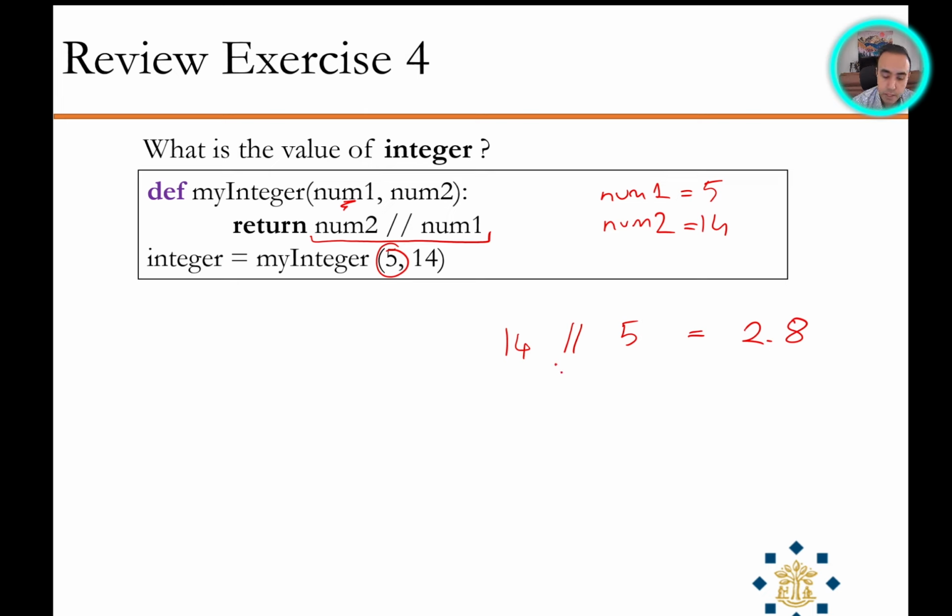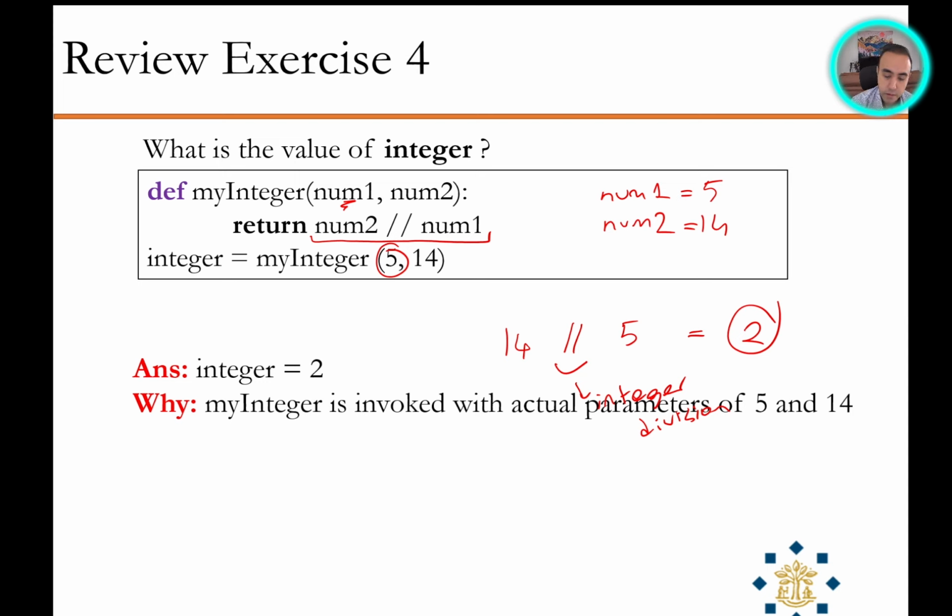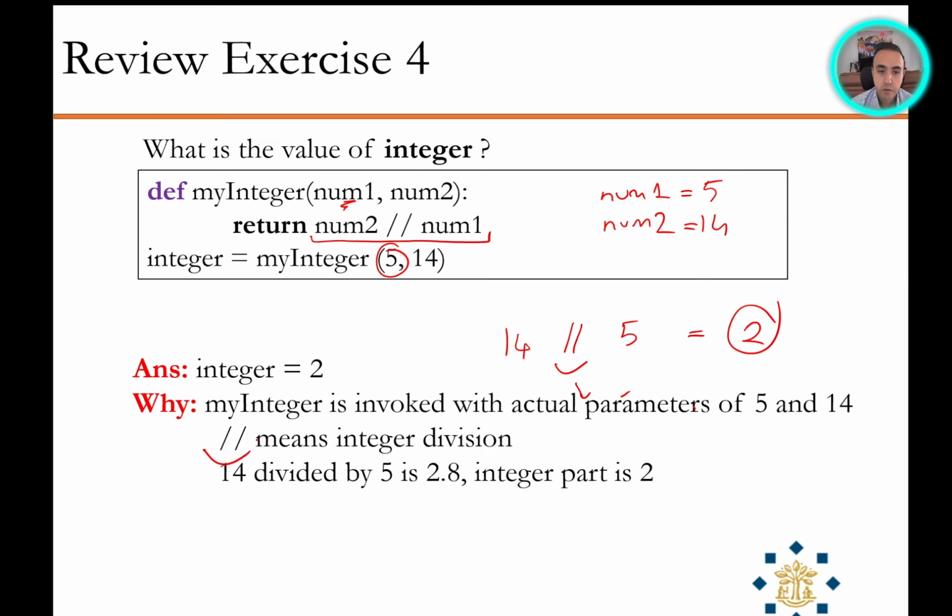But since this is an integer division, remember last week, what do we do here? We delete this 0.8 and the result will be 2. Okay. So again, invoke with actual parameters 5 and 14. This means integer division from last week. And then we divide, we find 2.8 and the integer part is 2. Okay.